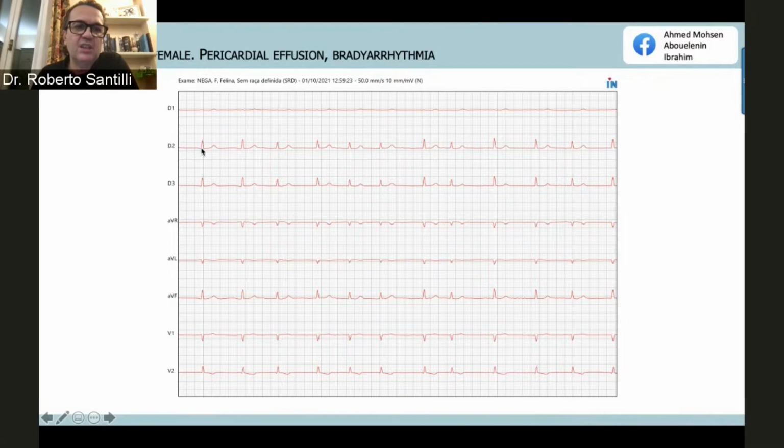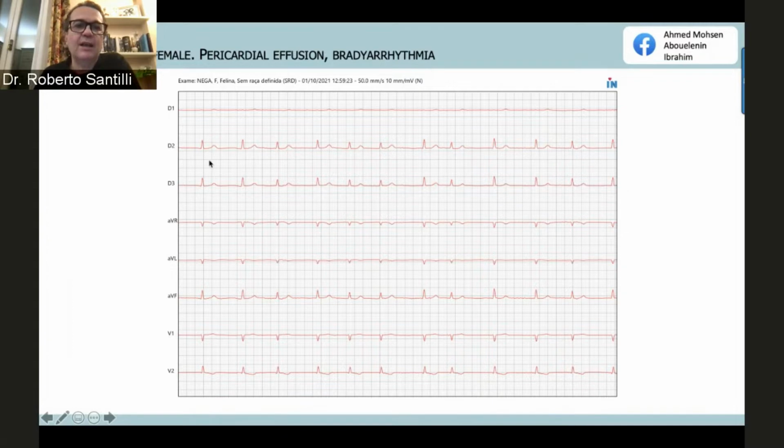We do see changes in the QRS complex amplitude on a beat-to-beat basis. If you look carefully, when you have a long RR interval, it's a bit taller, here or here, and when it's a short RR interval, it becomes less tall.